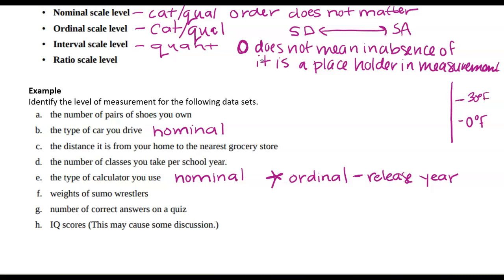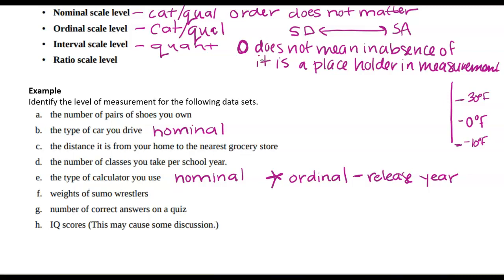So it is a relative measurement. It's a placeholder in measurement, but it doesn't necessarily mean absence of temperature. And you're like, well, 0 is really, really cold, but there is still a heat component to that. 0 is still warmer than -10 degrees Fahrenheit. So it's just a relative placeholder.